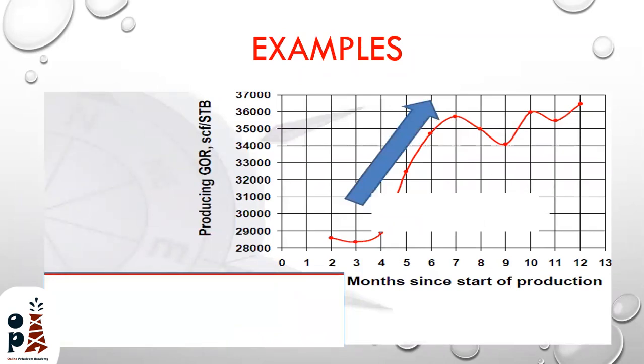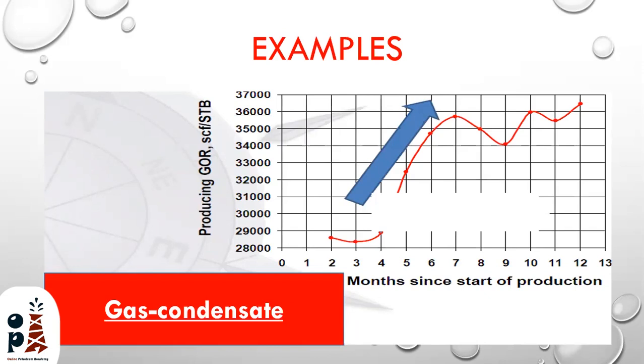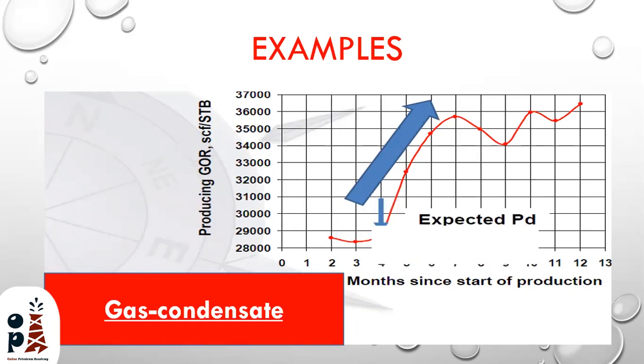We have the initial GOR about 30,000, so it is on the border between the wet gas reservoir and the condensate gas reservoir. So it can be a gas condensate reservoir, and also it can be treated as a wet gas reservoir.